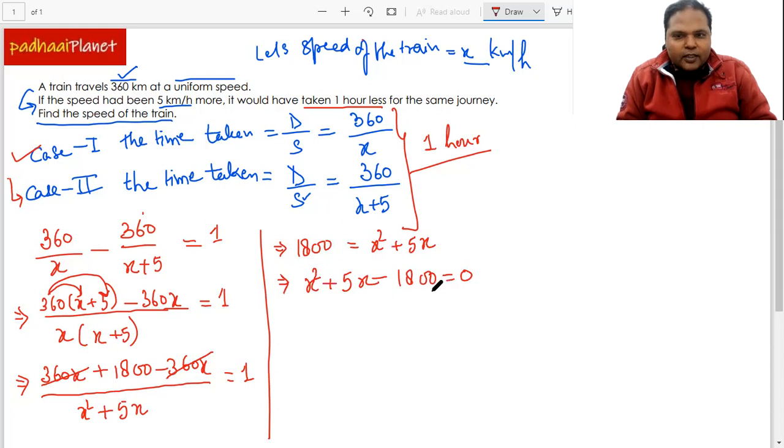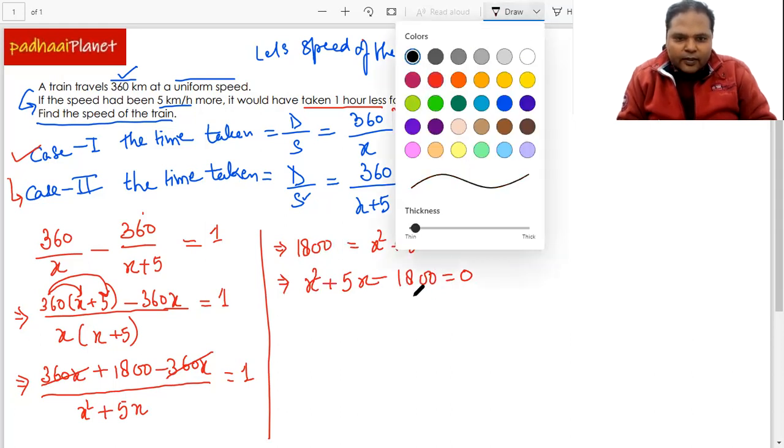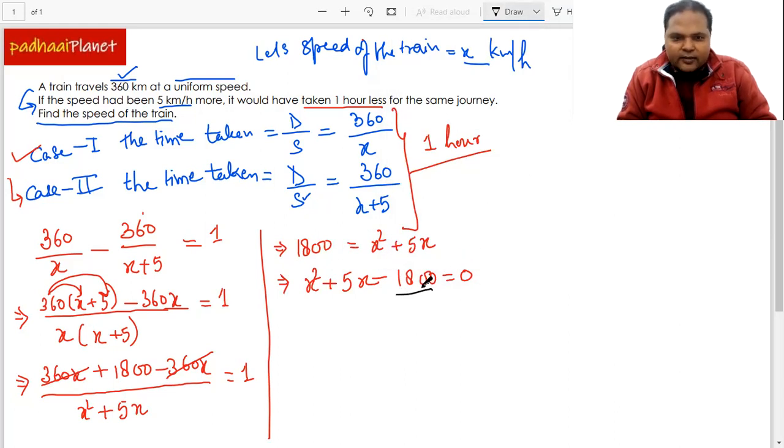Now we have to find the factors of 1800 such that the multiplication would come to minus 1800 and the addition would come to plus 5.